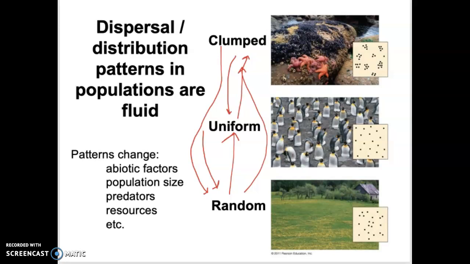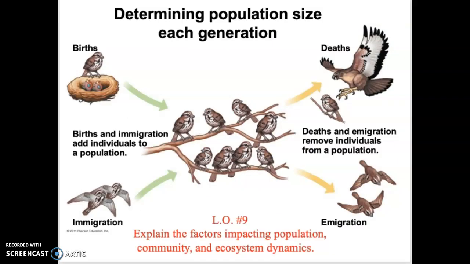Start looking into, okay, what kind of dispersal patterns do they have? What kind of distribution would I expect for those species? And then how do we predict the population size of that species each generation?